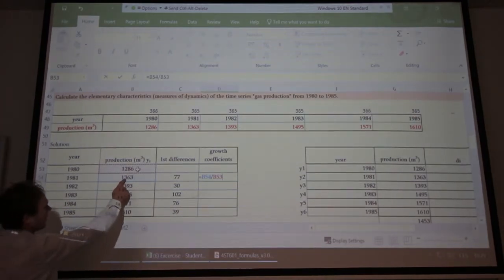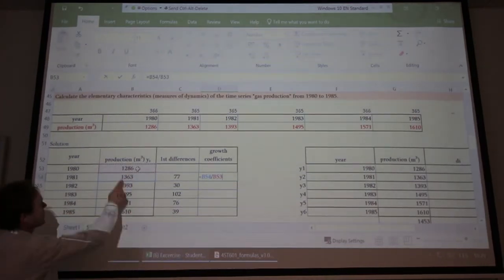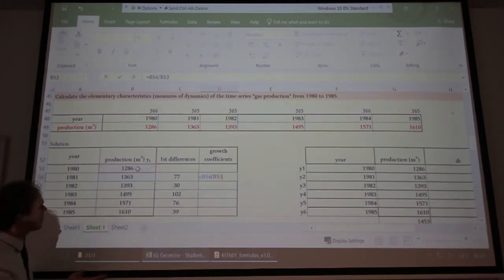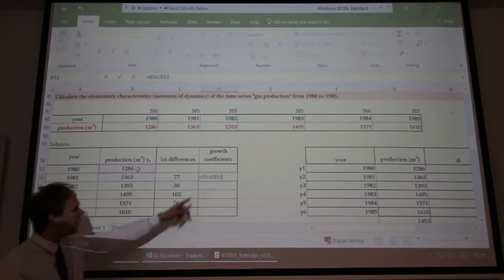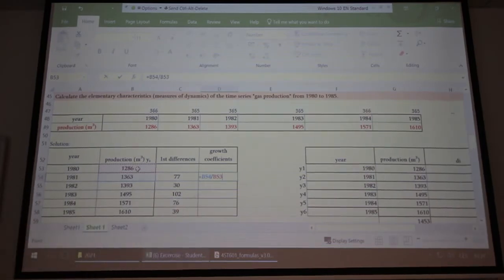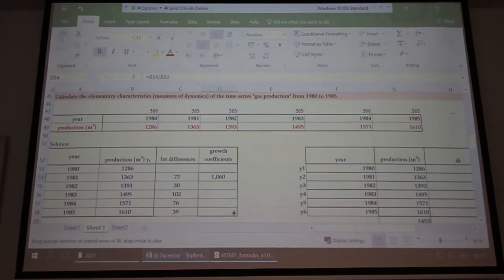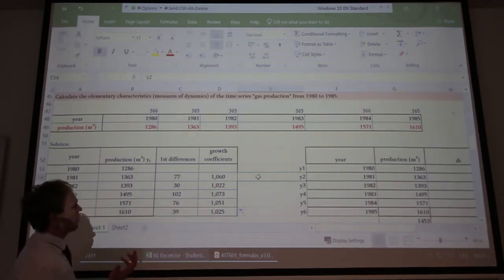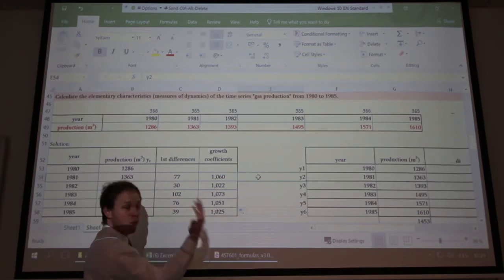So y in time t divided by y in time t minus 1, divided by the previous value. Calculate this ratio and copy the formulas to the end, and you can see that all values which we have here are above 1.